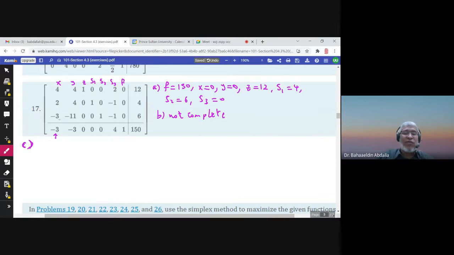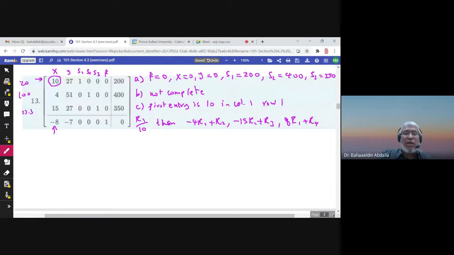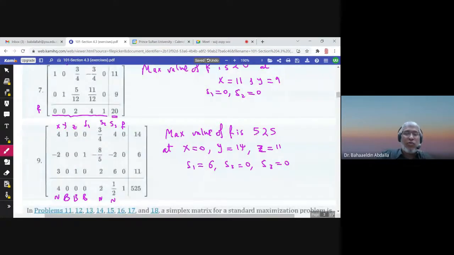This is negative, so forget about it. Now just divide 4 by 2, the answer is 2. 12 by 4, the answer is 3. So 2 is the pivot entry, in column 1, row 2.